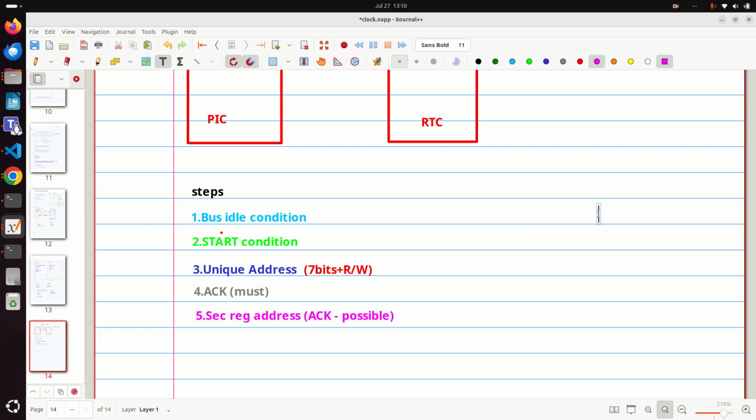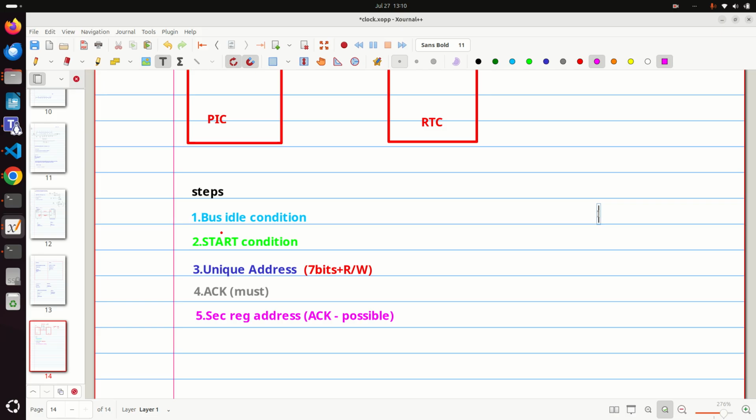So when receiving the address, it will understand the intention. Master wants to transmit the seconds register address. Now RTC will understand whether master wants to read from seconds or write to the seconds register. After receiving the seconds register, there is a possibility of receiving an acknowledgement. This is a possibility, not a must, not sure.